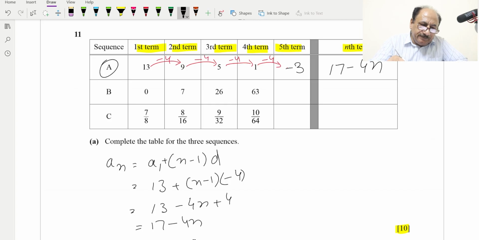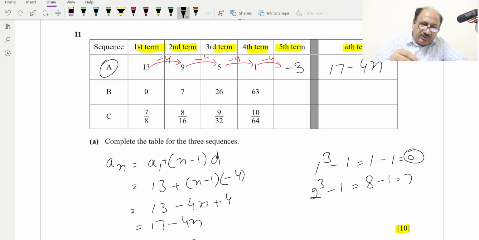Now for B we can check this one. This is like 1 cube minus 1. This is like 0. 1 cube, we can write 1 cube minus 1, which is equal to 1 minus 1, which is equal to 0. This is the first term, and 2 cube minus 1 will be equal to 8 minus 1, which is equal to 7.